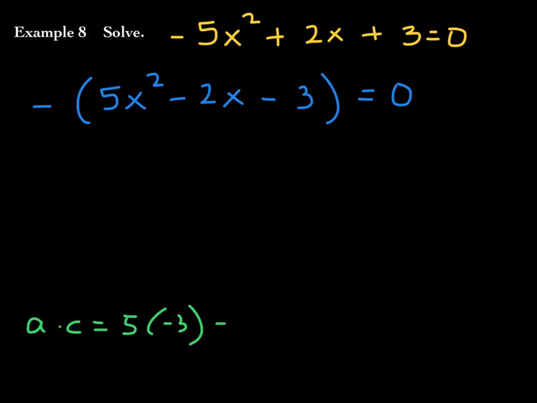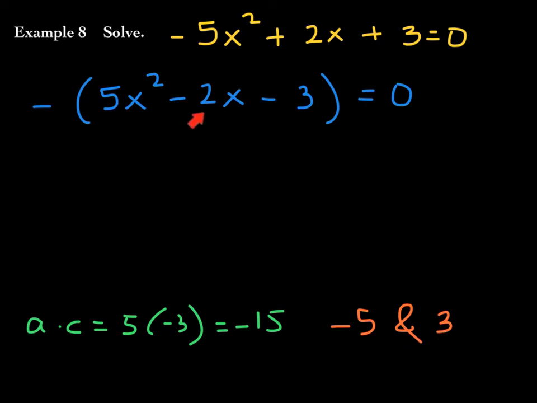This would be negative 15. And so what you and I want are factors of negative 15 that sum to negative 2. That would be negative 5 and positive 3, right? Negative 5 times positive 3 is negative 15, and negative 5 plus 3 is negative 2.